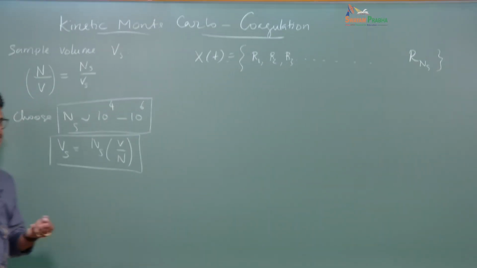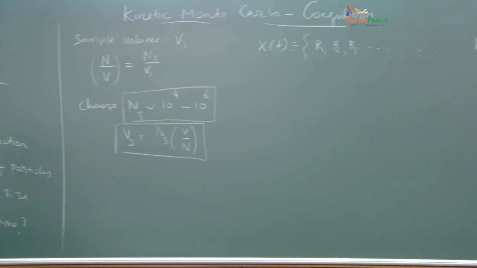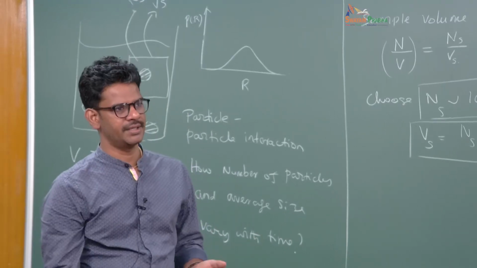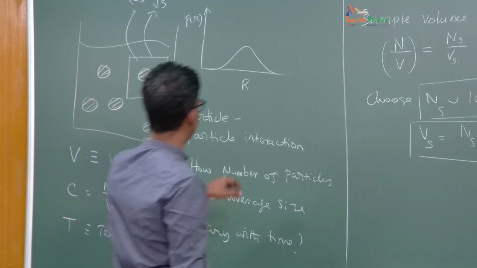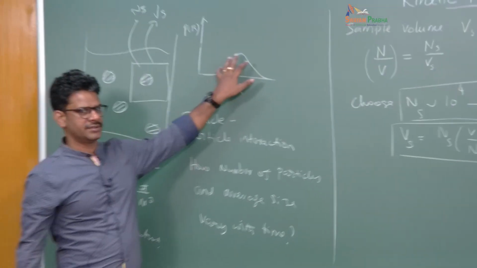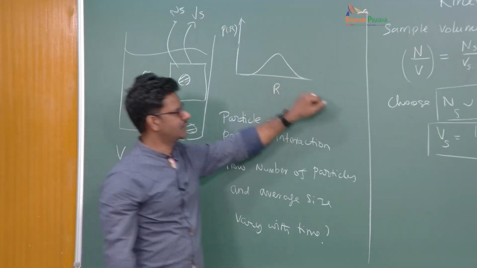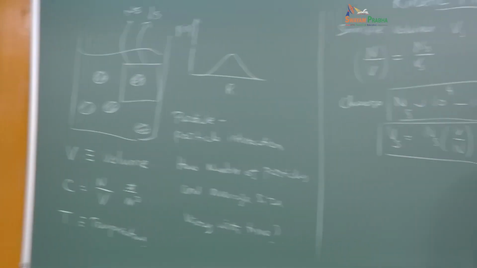So my state of the system is basically individually specifying the sizes of all the particles in my system. So here I assume that the initial distribution is given, so particles of different sizes are existing. So that's why I'm giving all the Ns particle sizes.